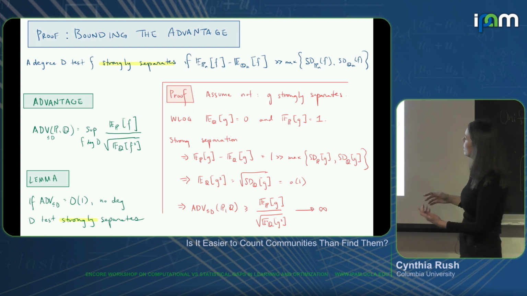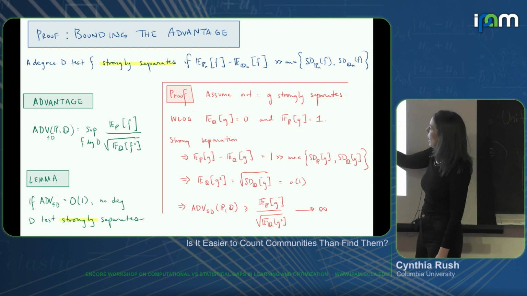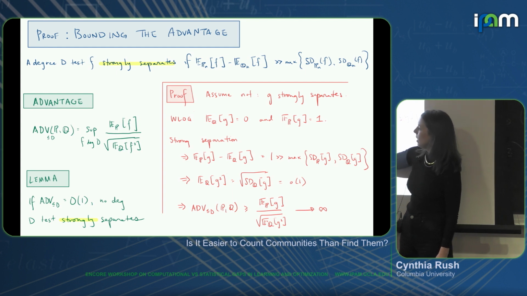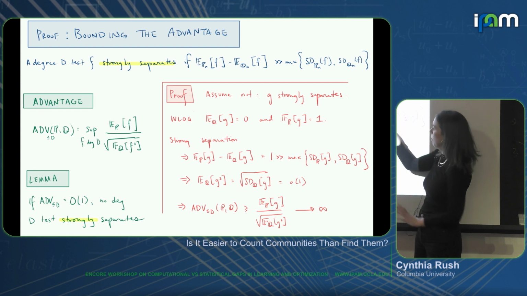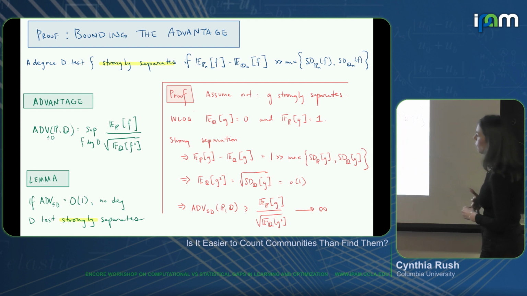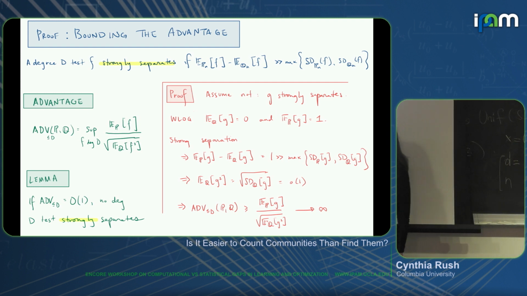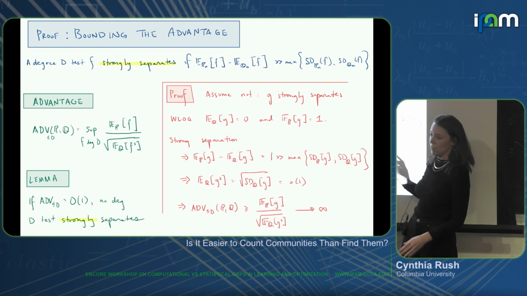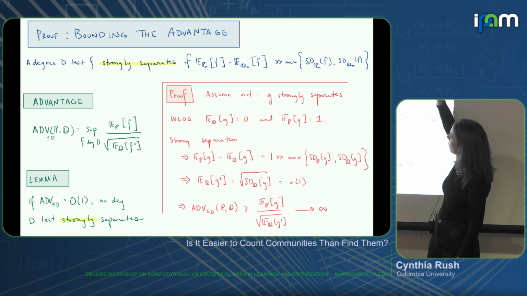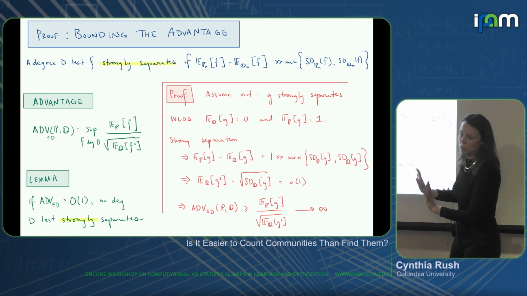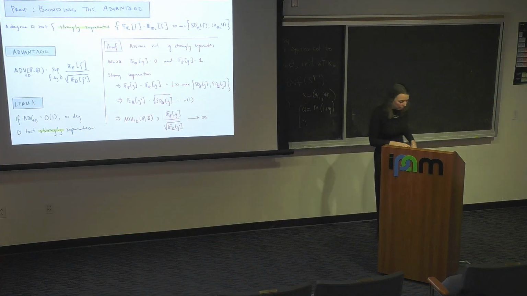And what this implies is that the max is much less than 1, so the one for Q must be much less than 1. It's little o of 1, and when you plug this into our advantage term, you see that it has to go to infinity. So you can show that if we do have a G that strongly separates, then the advantage is going to blow up. You can show that if you have a G that weakly separates, then you can't get the other condition.